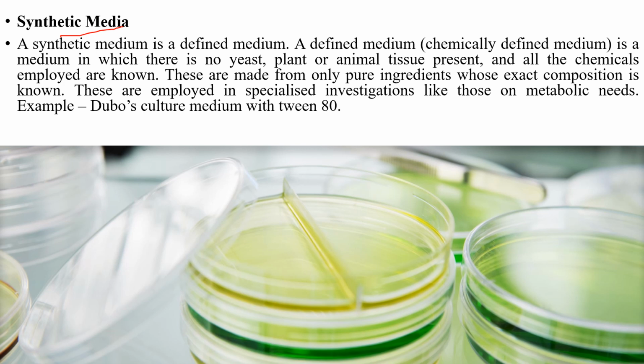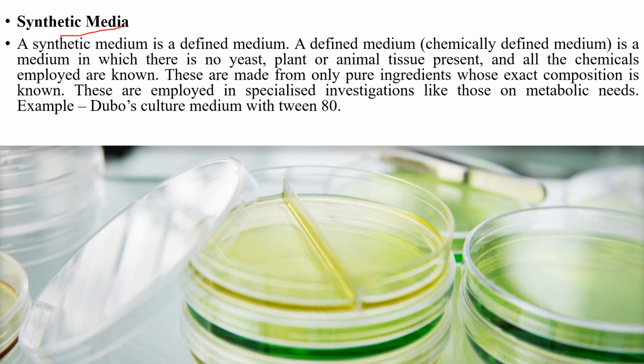Then there are anaerobic media and aerobic media, on the basis of the presence or absence of oxygen. Anaerobic media are required for the growth of anaerobic organisms such as Clostridium botulinum and Clostridium perfringens.